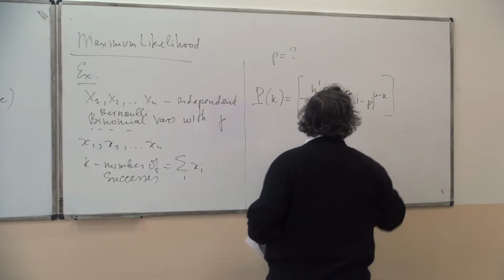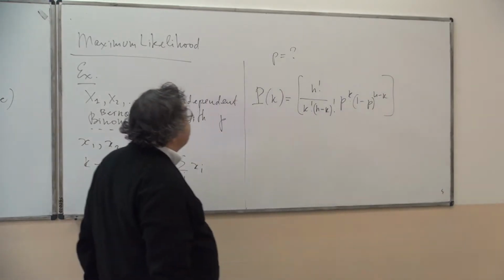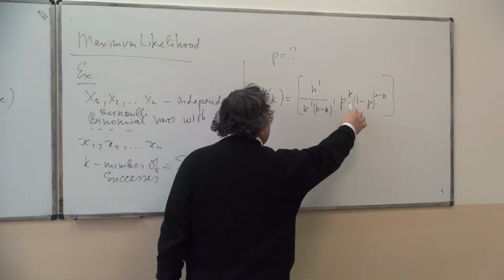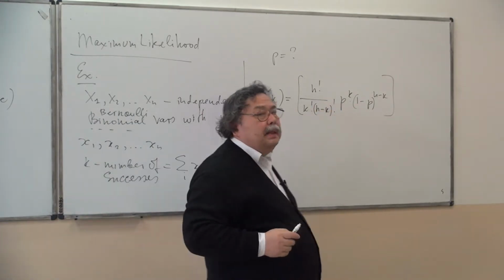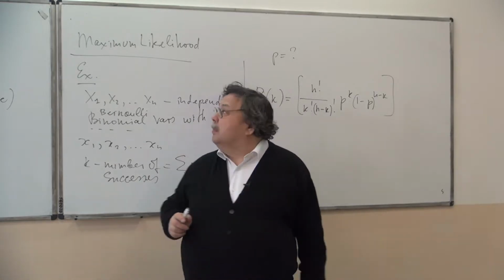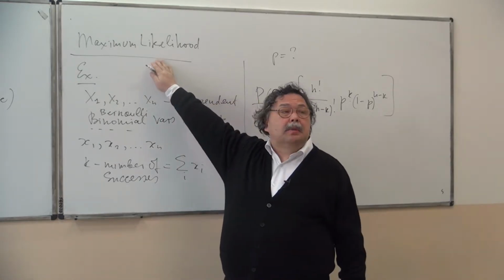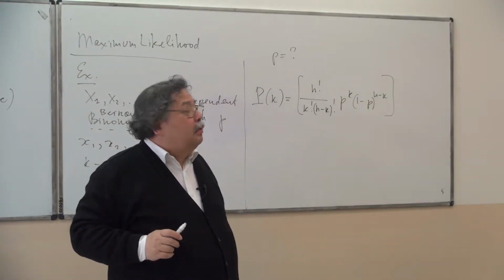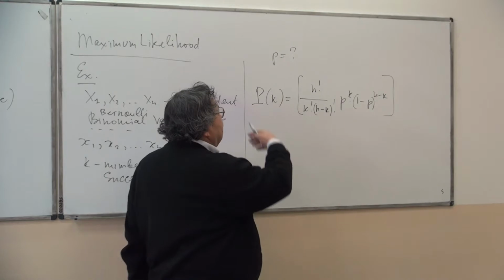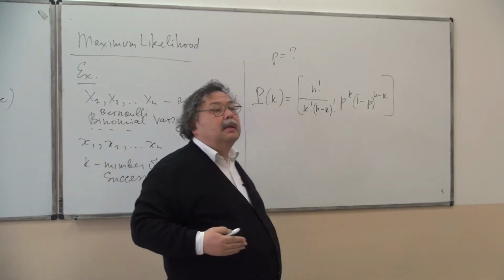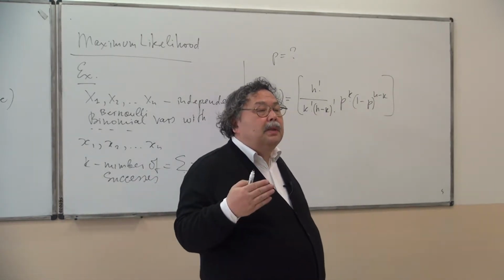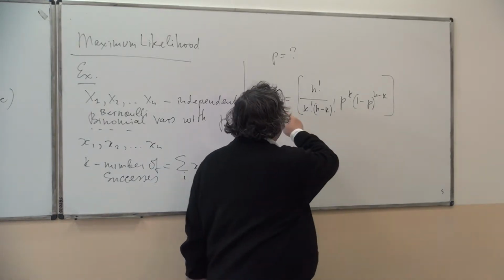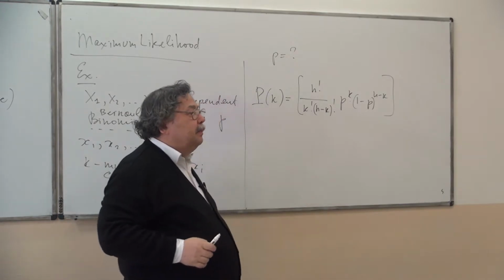Okay, binomial distribution. And well, the right hand side depends on p. Because we are doing the maximum likelihood approach, we look at the maximum of this probability with respect to p. We ask the question, what value of p here maximizes this probability?